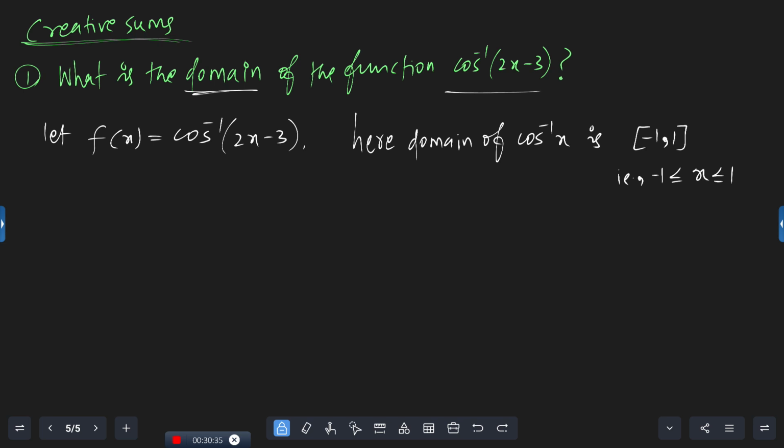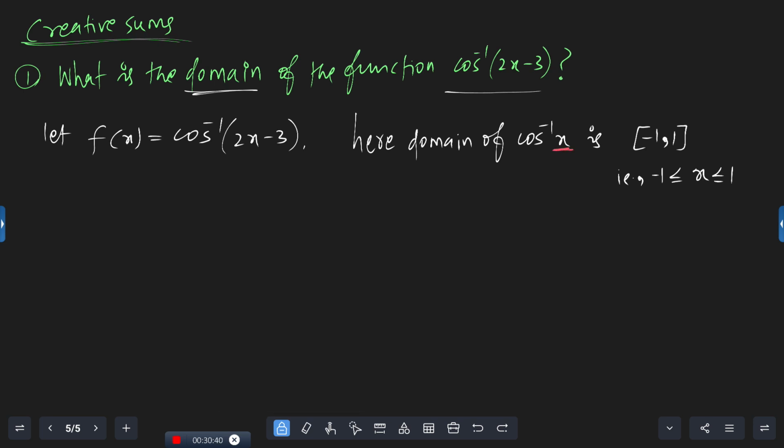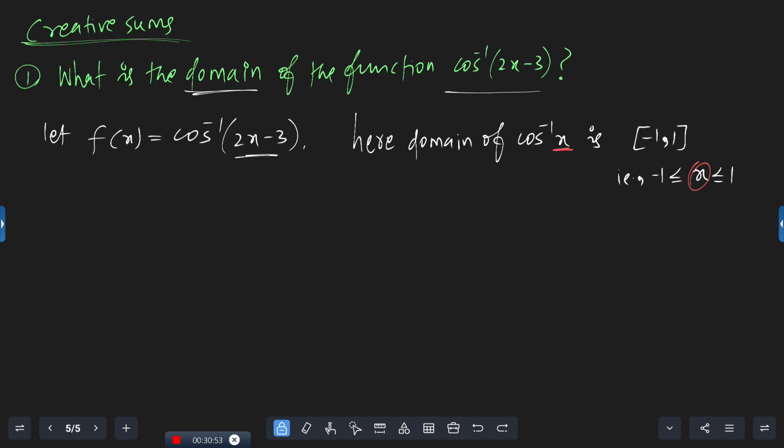Listen carefully. Here x is there, in the middle x will be coming. That is very important. X is there, that x we have to give. This is the question. In the same manner here, in the middle what we have is cos inverse of what is given, 2x minus 3. So for the domain, directly I'll write minus 1 less than or equal to 2x minus 3 less than or equal to 1.